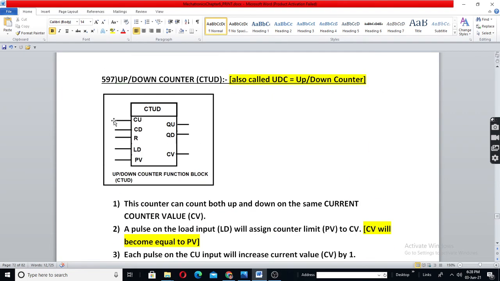Here we have 4 inputs: counter up, counter down, reset, load, and counter up output, counter down output. In the program, you will load a PV value, say 15. If a reset pulse is given, QU will become 0. If a load pulse is given, QD will become 0.